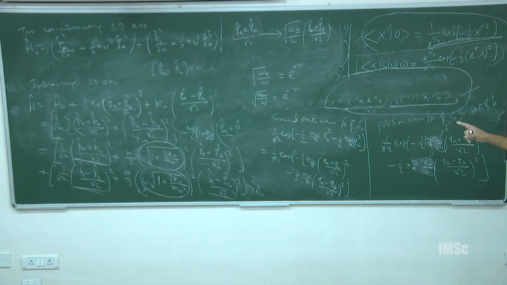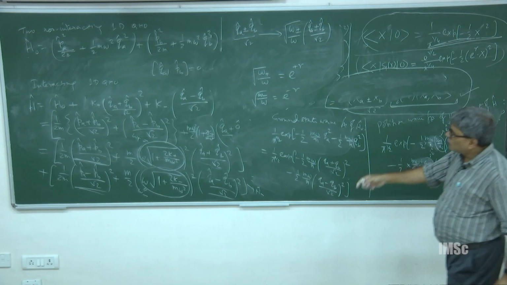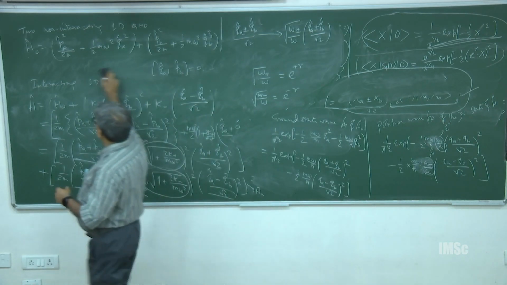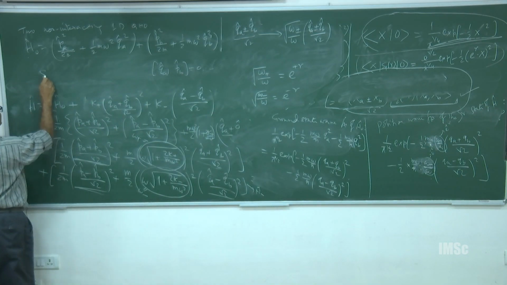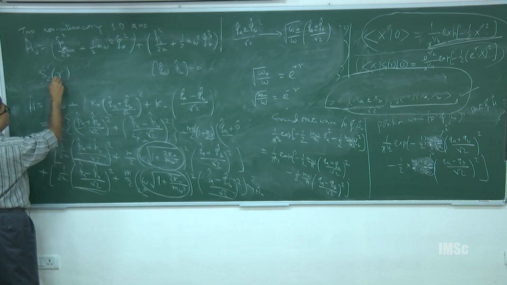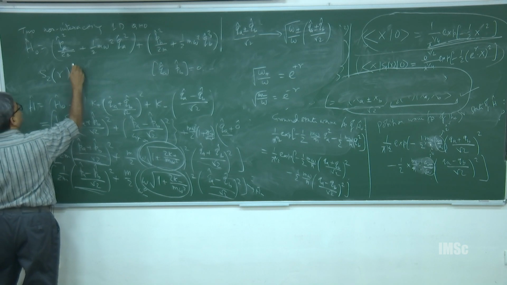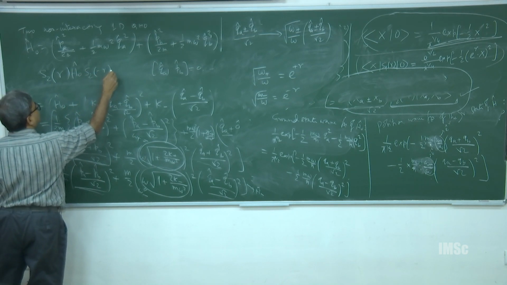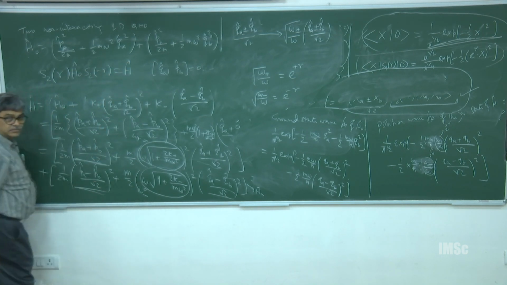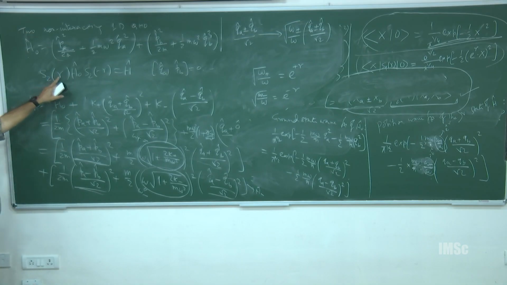So, basically what I am saying is the following, that S2 of R or minus R, we will have to figure out, H0 S2 of minus R, this is your H, okay. I mean this can be minus, this can be plus, that is okay. So, this unitary is a global unitary, okay.